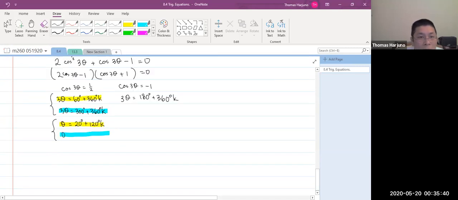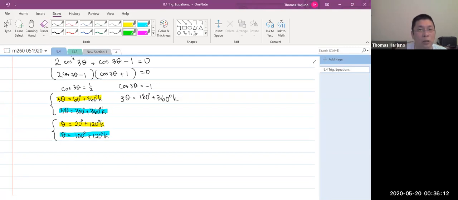So theta equals, divide by 3. What will happen? 100 degrees plus 120 degrees K.